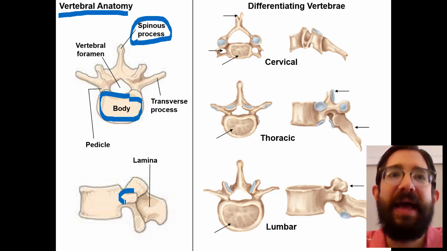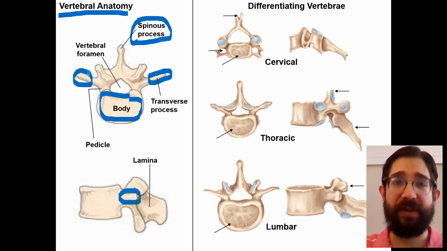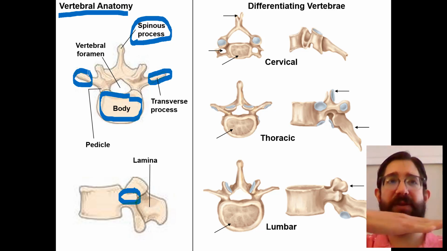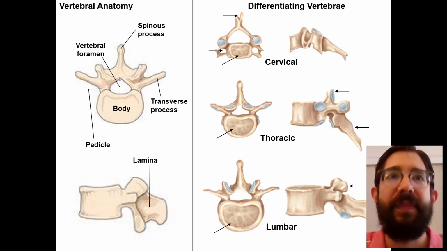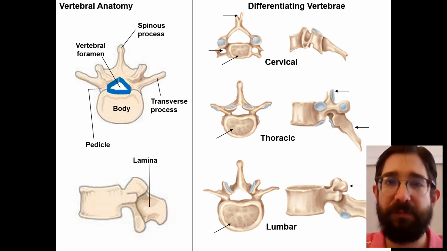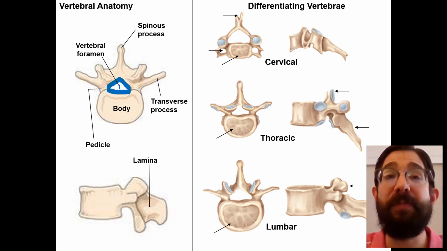Coming out the sides of the vertebrae are transverse processes. So remember, transverse means across. They have a hole in the middle called the vertebral foramen, which just means the hole of the vertebra. And that's where your spinal cord runs through the bone.